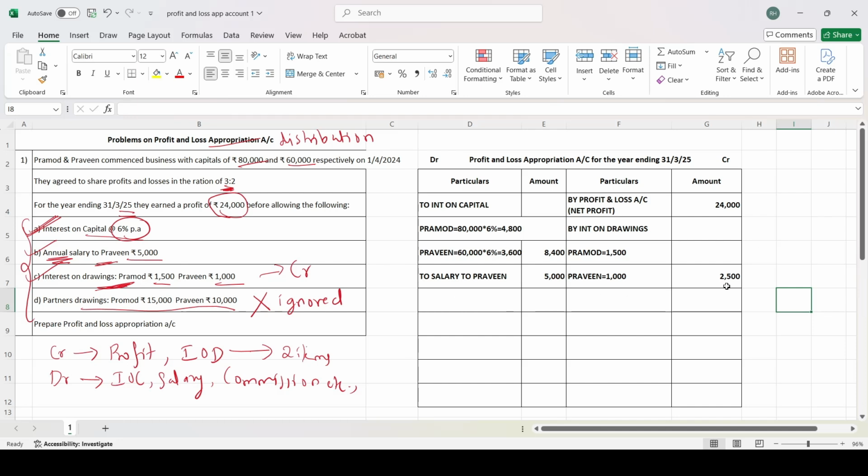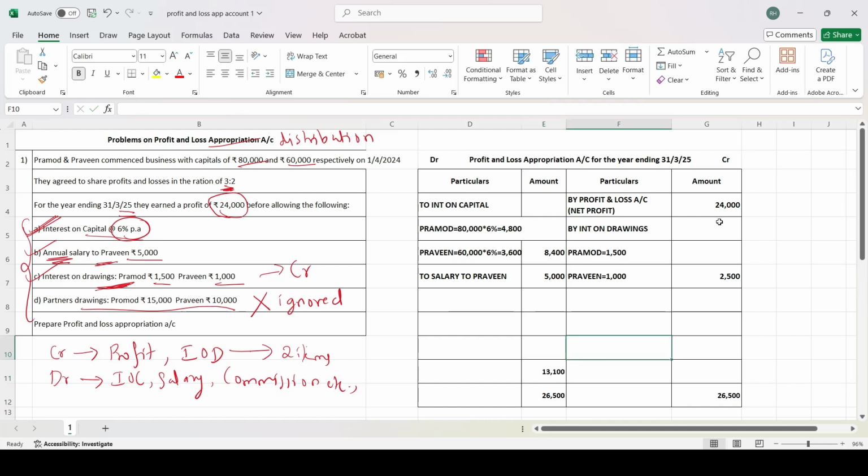Now after recording this, you have to add these two things in the credit side. 24,000 plus 2,500, which comes to 26,500. Write the total on both the sides. Now, from this total, you should minus these two items, that is 8,400 and 5,000, which comes to 13,100.